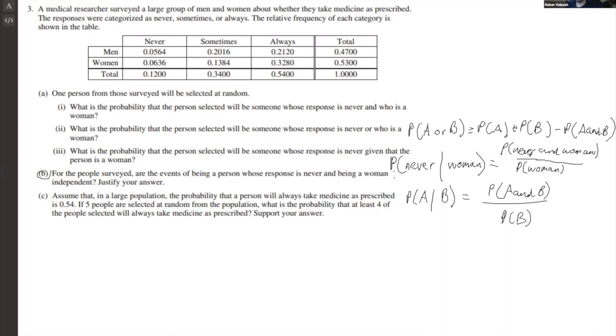Will anyone have the conceptual idea of how to determine independence from a two-way table? What are we looking for?